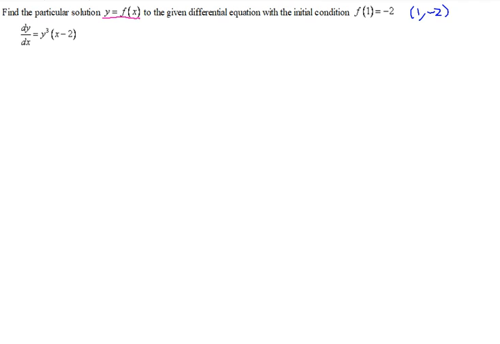So the first thing you have to do is separate the variables. On one like this, when the derivative is not a fraction, you can just separate the variables by first multiplying both sides by dx to separate the dy from the dx.